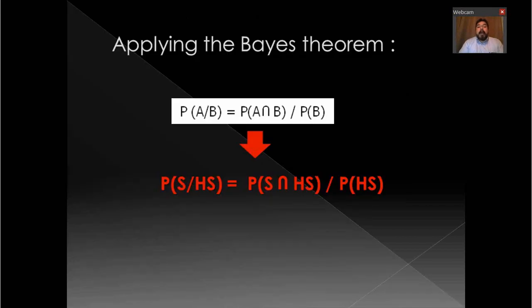Now we are going to apply the Bayes theorem for the probabilities that we need. With this information, we can clear the equation and try to find the probability of the intersection.